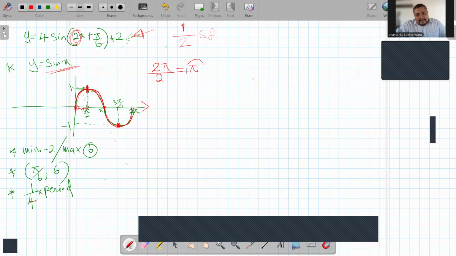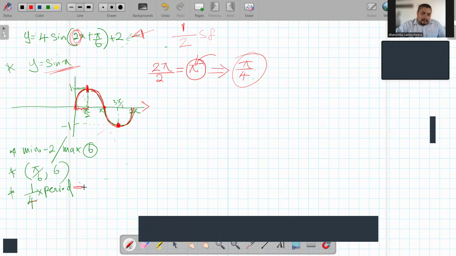So the period of the graph which you are going to sketch is pi. But in this case, we are concerned with one-fourth of the period, not the period. So we need one-fourth of the period. One-fourth of the period is pi over 4.